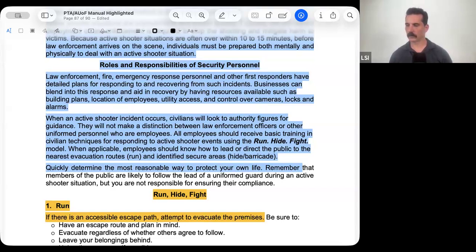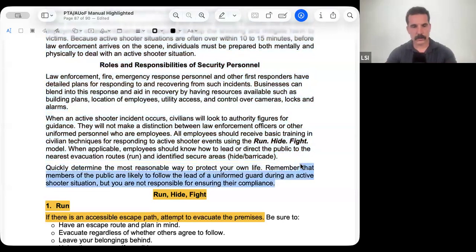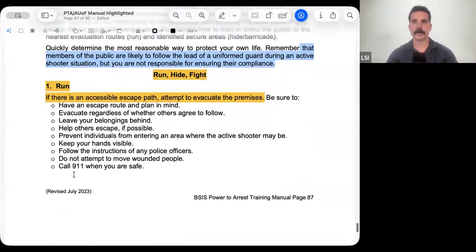When applicable, employees should know how to lead or direct the public to the nearest evacuation routes, run, and identified secure areas, hide, barricade. Quickly determine the most reasonable way to protect your own life. Remember that members of the public are likely to follow the lead of a uniformed guard during an active shooter situation, but you are not responsible for ensuring their compliance.